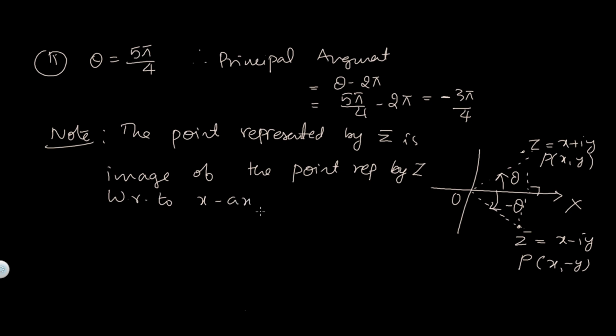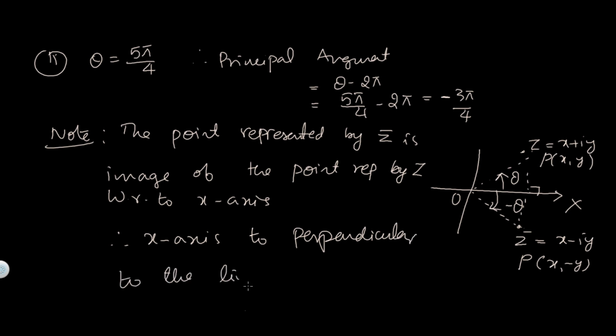Therefore the x-axis is perpendicular to the line segment joining z and z bar. So see the picture.